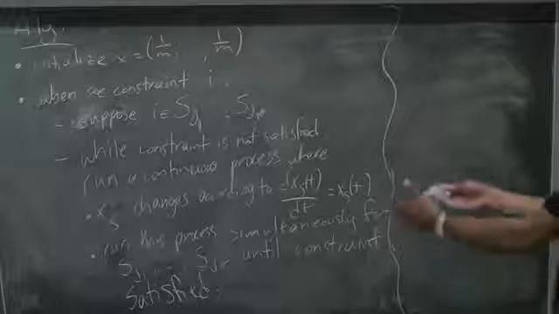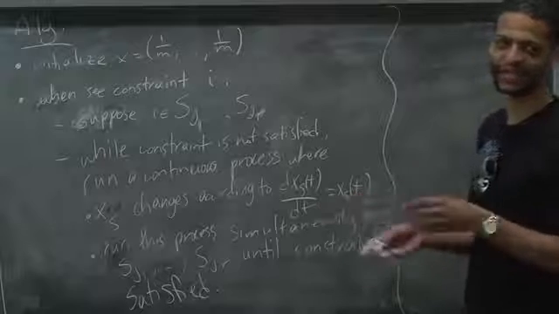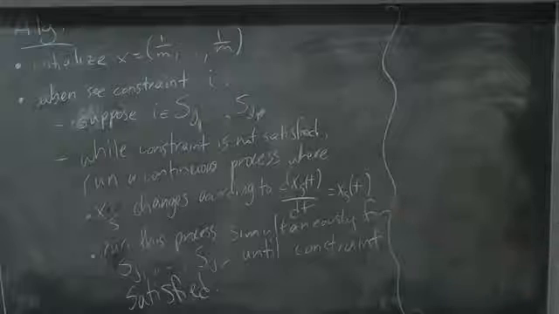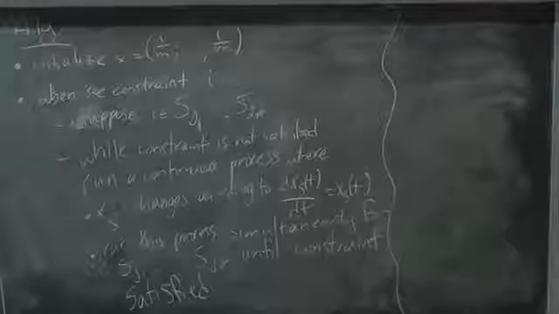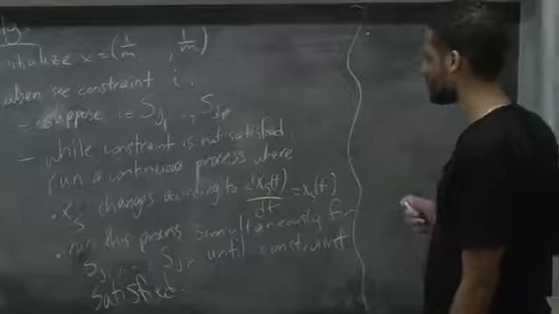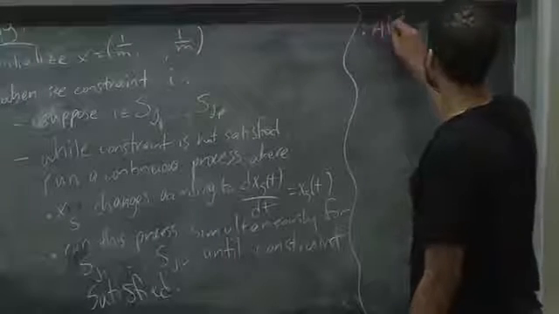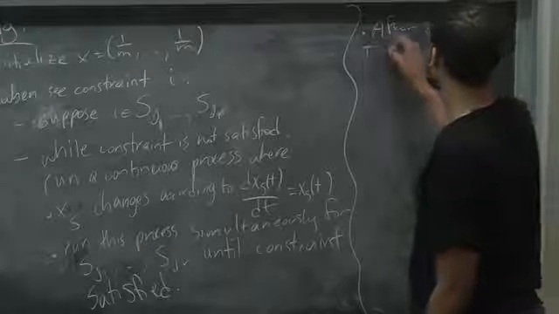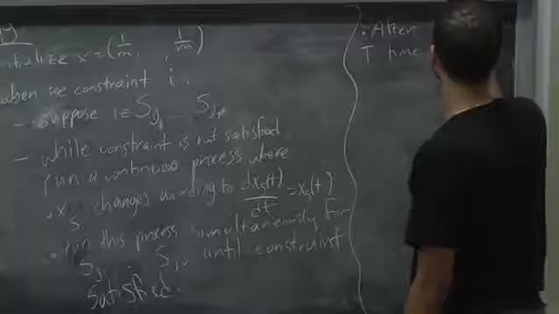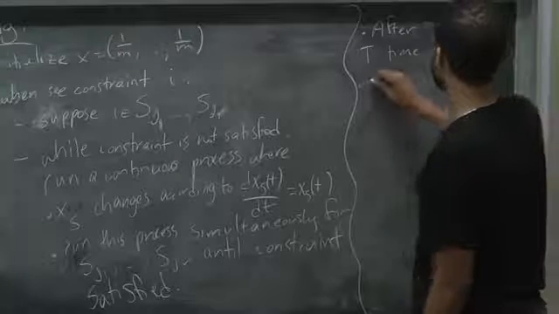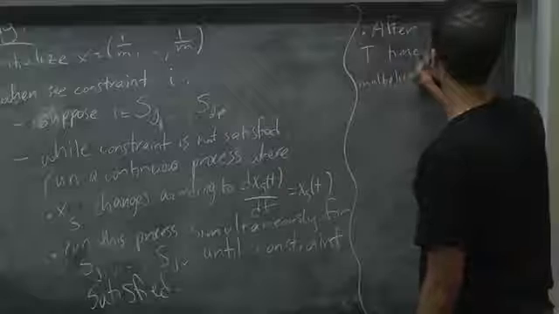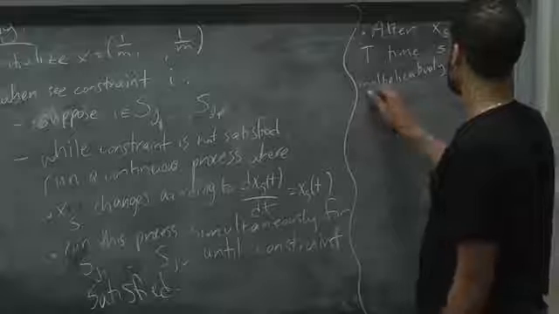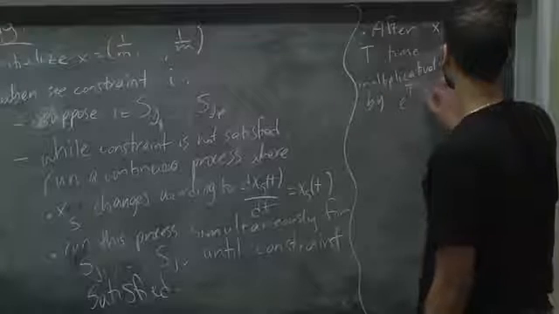So the solution to this, I mean, we're not doing any fancy differential equations. The solution to this differential equation is just e to the t. After t time steps, x_S becomes e to the t times its original value. So after x_S evolves for t time steps, it multiplicatively increases by an e to the t factor.